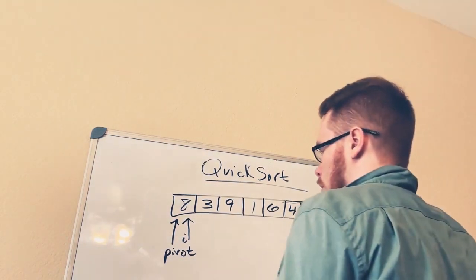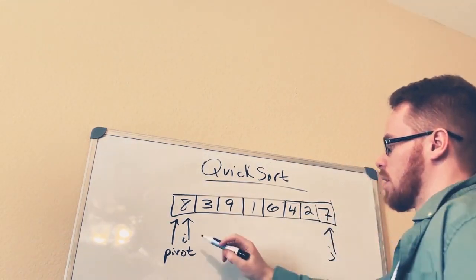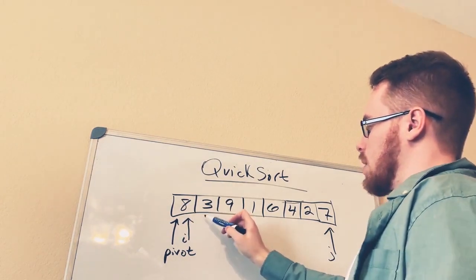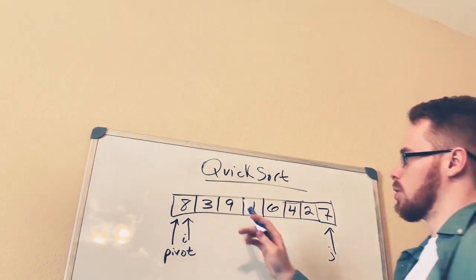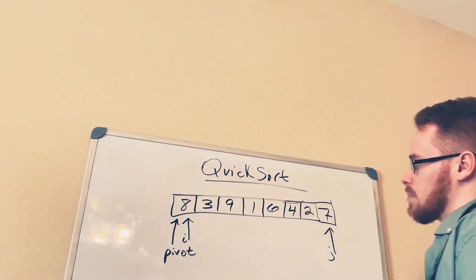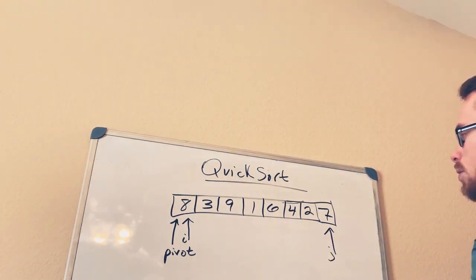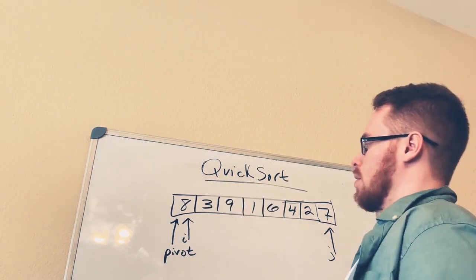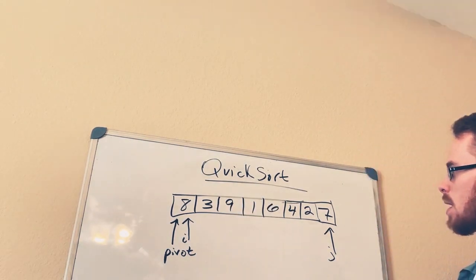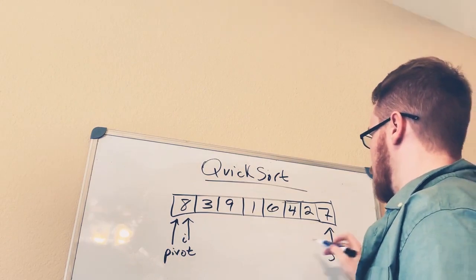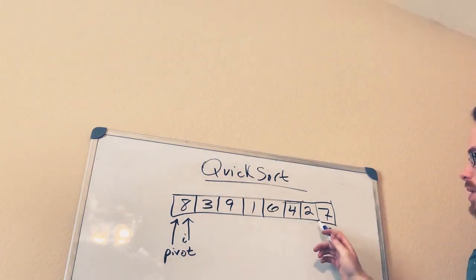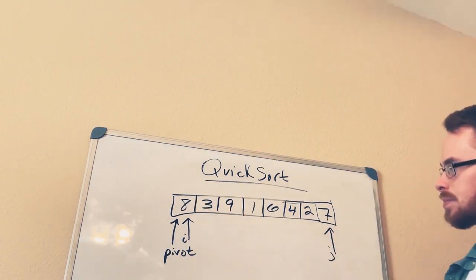What you're going to be coding in your method is that you keep incrementing I by 1 until you get to something that is greater than the pivot. And then you keep decrementing J until you get to something that is less than the pivot.